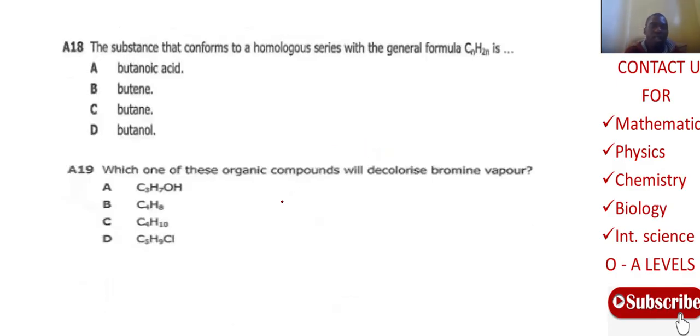Question 18. The substance that conforms to a homologous series with a general formula CnH2n is, now this general formula, we have to keep them off by heart. So this general formula here, we are saying this one is for what we call the alkenes, with an E. Okay, that is the general formula there.